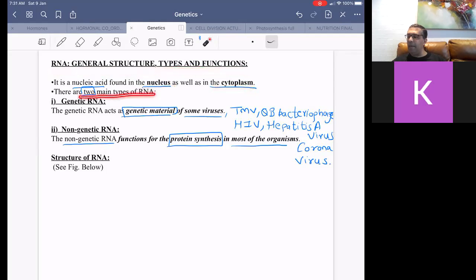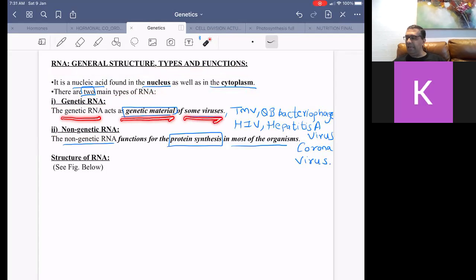There are two main types of RNA: genetic RNA and non genetic RNA. The genetic RNA acts as the genetic material of some viruses. Some viruses do not have DNA as the genetic material. The RNA itself acts as the genetic material.